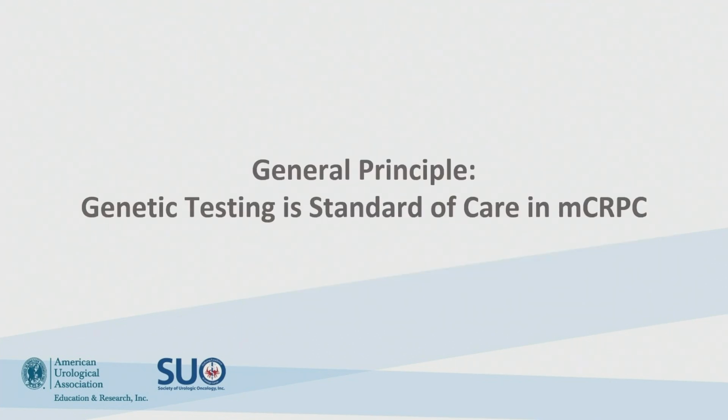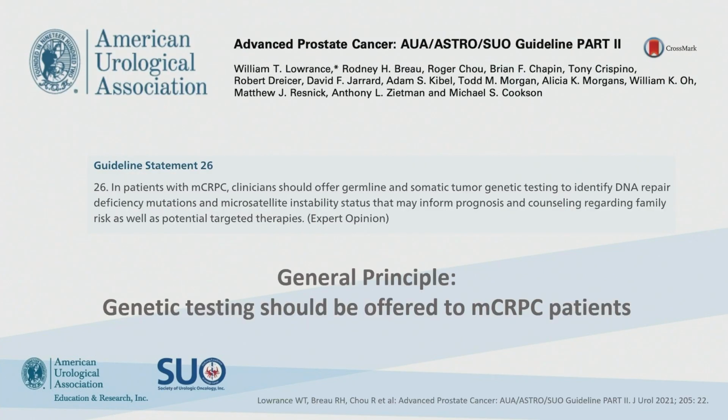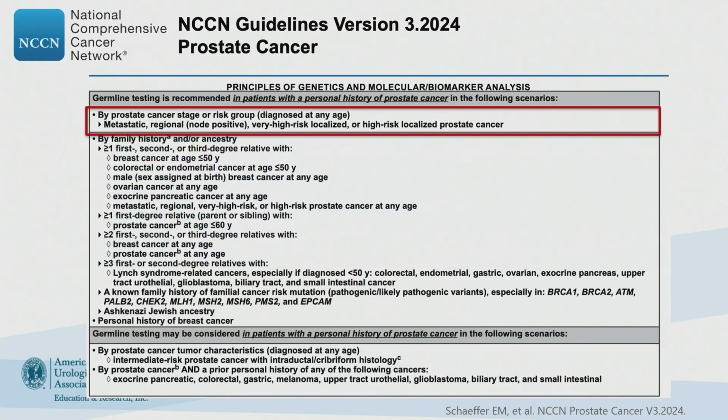So we have heard about genetic testing quite a lot, so I will breeze through this, but genetic testing should be offered to all mCRPC patients. If you see a patient who has mCRPC in its late line and they haven't had genetic testing, they should get genetic testing. It's never too late to get this information. Germline genetic testing is really important for family implications, so that people can understand if their family, brothers, sisters, children should potentially be tested for these alterations, and for treatment implications as well, and somatic testing to potentially catch alterations as well.